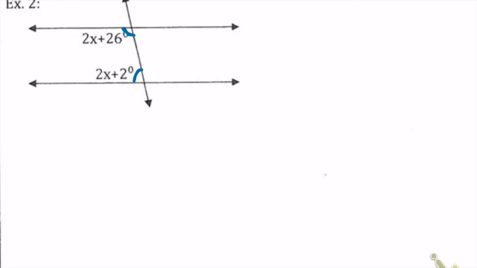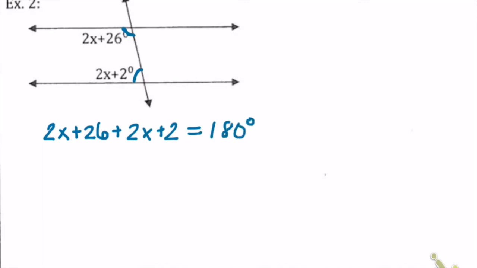So they would add up to 180 degrees, and we can use that to create the equation. If we know that they're supplementary, then we can add their measurements, adding the two expressions, and that would have to add up to 180 degrees.